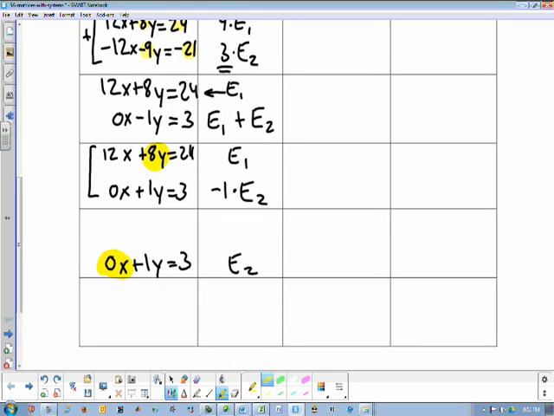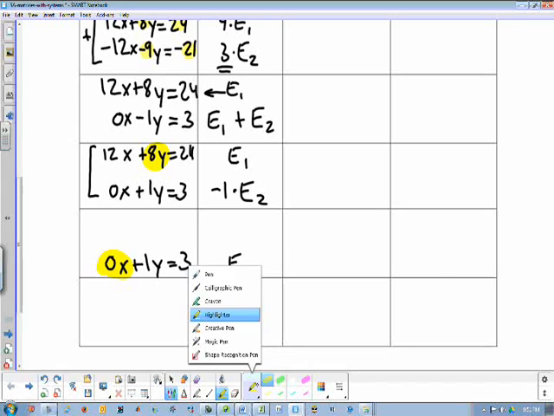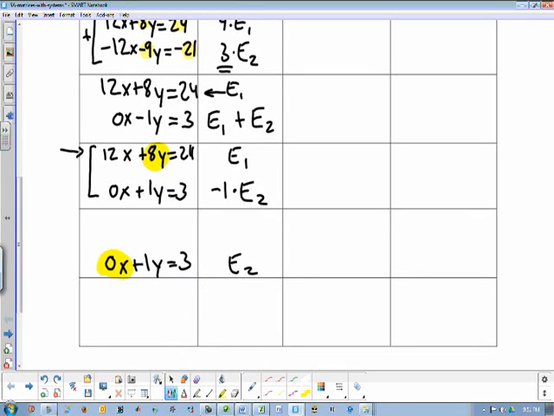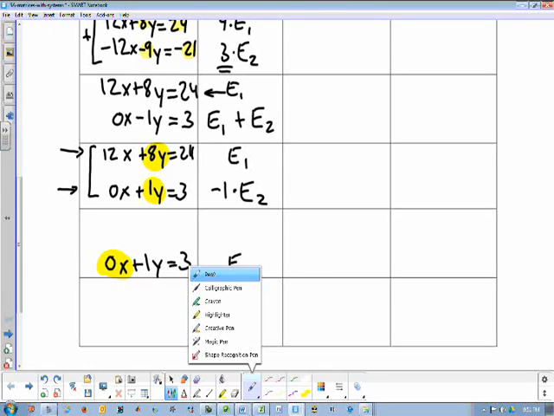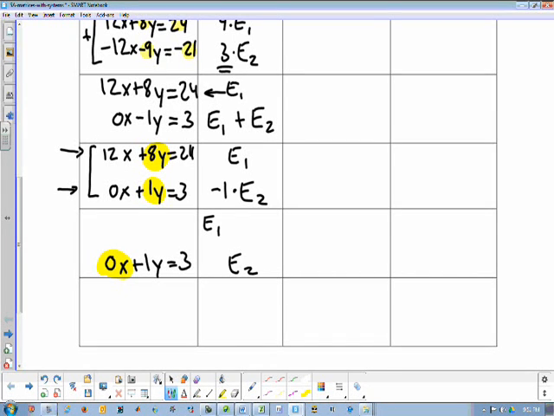And so let's take the first equation up here, and let's subtract 8 times the second equation, and that will make these y's disappear. Okay? So let's record what we're going to do here. We're going to take E1 from up above, and we're going to subtract 8 times E2.